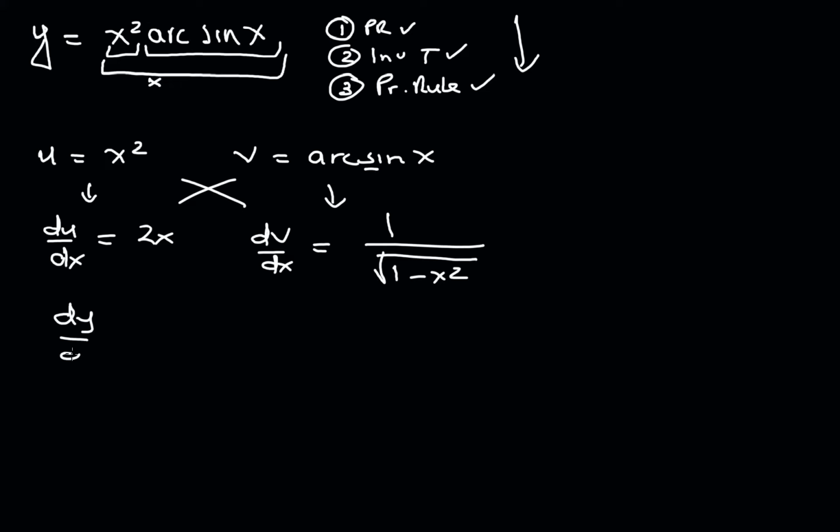So here dy over dx is going to be, remember, this is a product rule, so it doesn't matter which one we start with. We can even start with this one and say x squared, multiplied with this, let me show the multiplication, 1 minus x squared under the square root, instead of just putting it directly. Then we're going to say plus, these two are going to multiply, doesn't matter which one we start with.